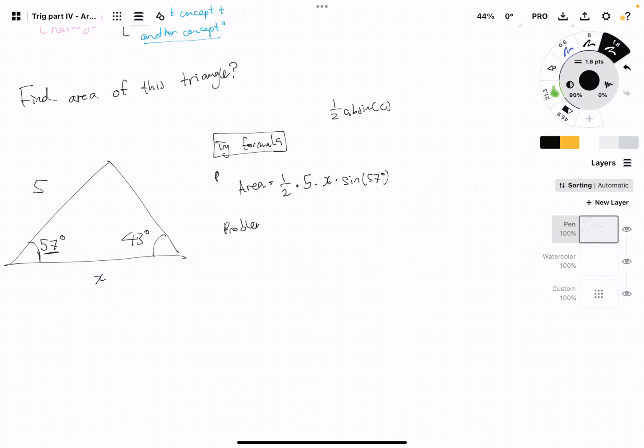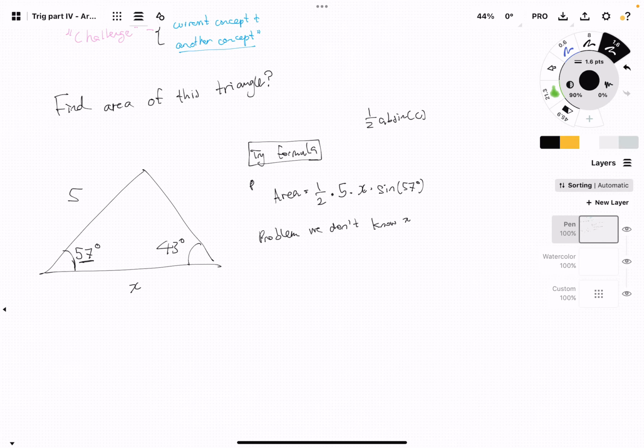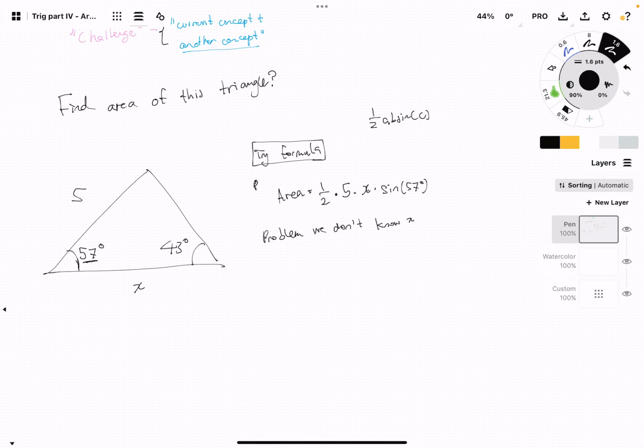We don't know X. But the thing is, if we knew X, we are done.